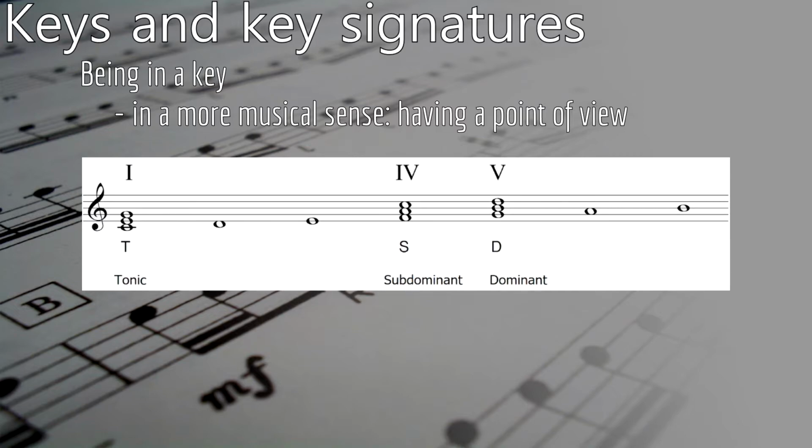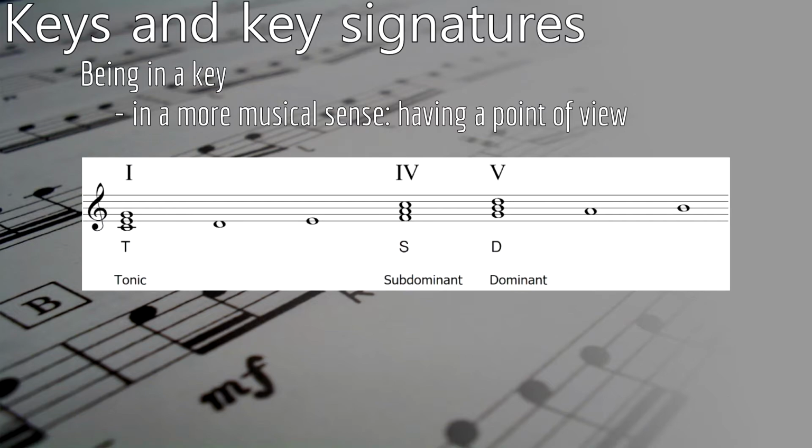And what I just played are the 3 most important scale degrees in a major scale. So what I called home is what we call the tonic. And that's the C major triad. When I said we leave home, we went to the subdominant, which is the F major triad.